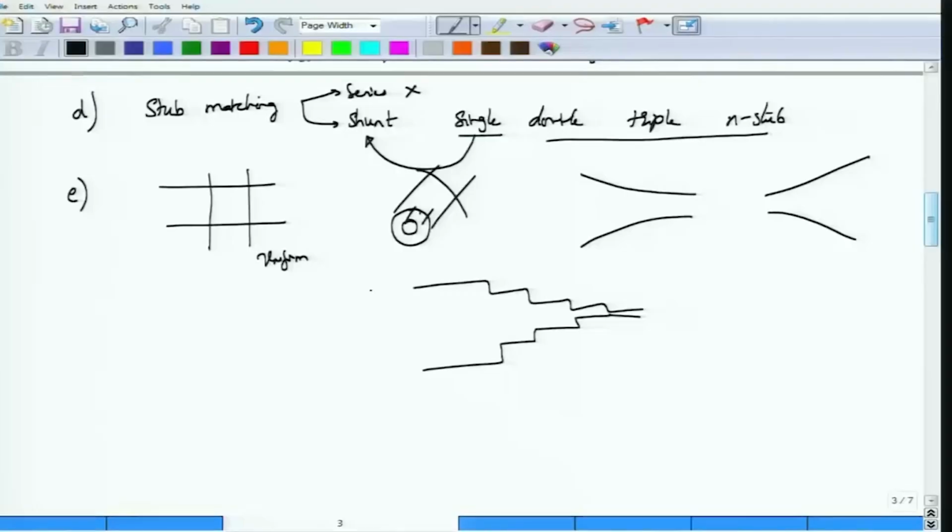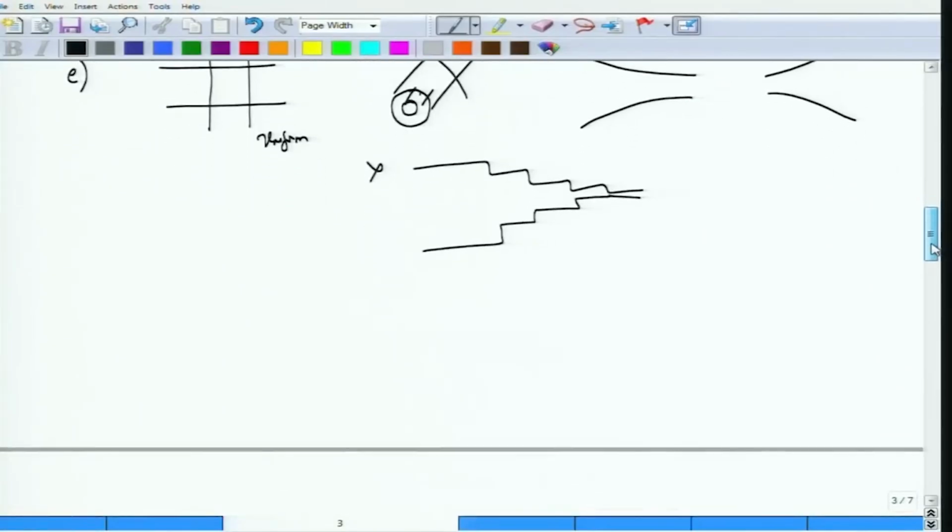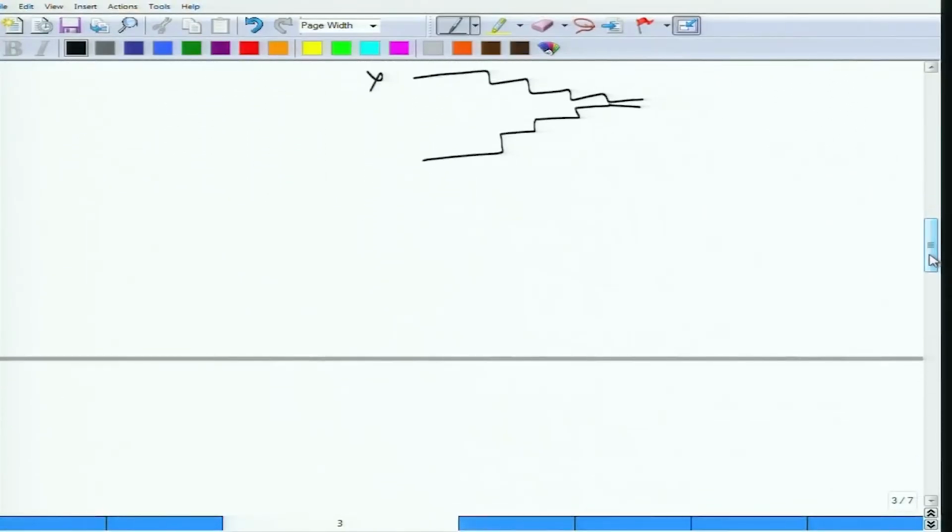So unfortunately we will not be able to deal with even these types of transmission line matching networks. So let us concentrate only on one type of transmission line matching network, which is the single stub matching network. So our goal is to consider the single stub matching network.